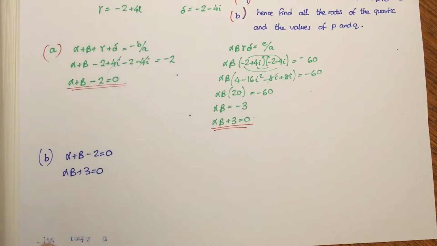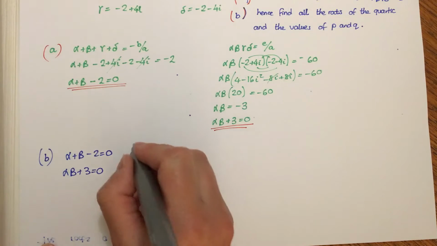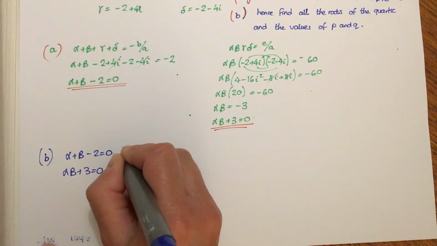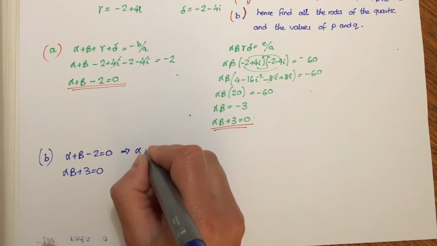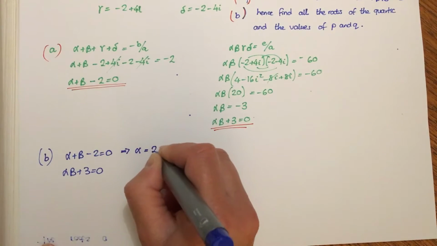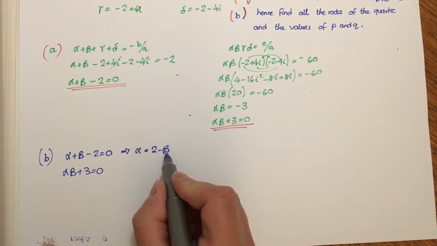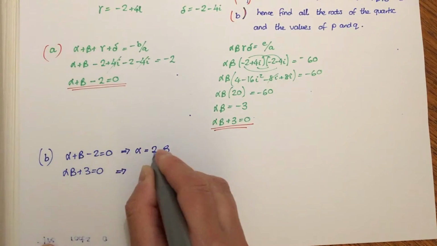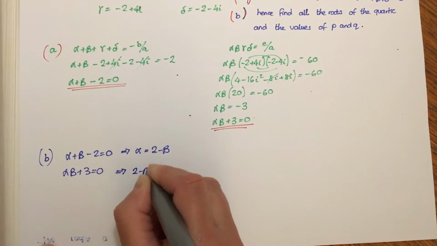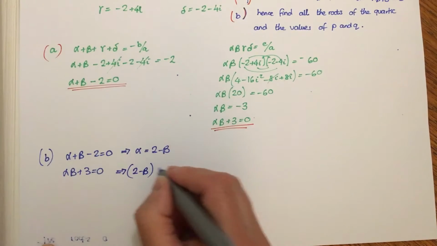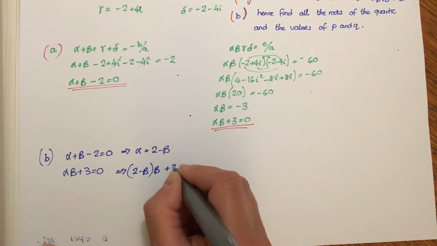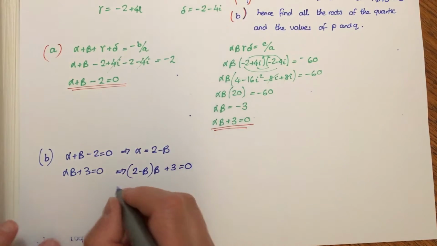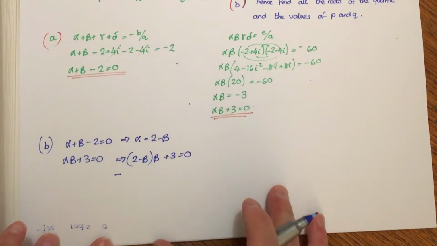If I rearrange this one, let's rearrange it for alpha. So alpha is 2 minus beta. I can substitute that into here, which then gives me alpha, which is 2 minus beta, times beta, plus 3 equals 0.